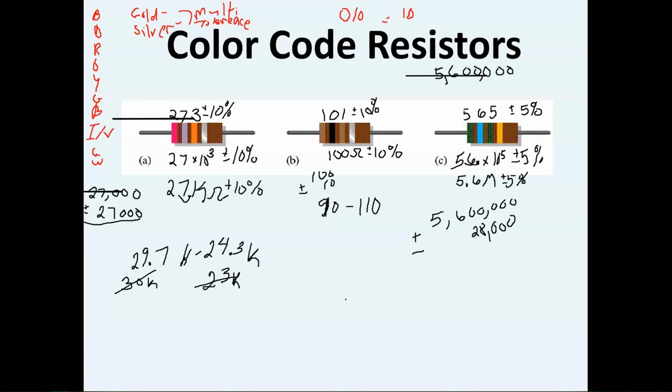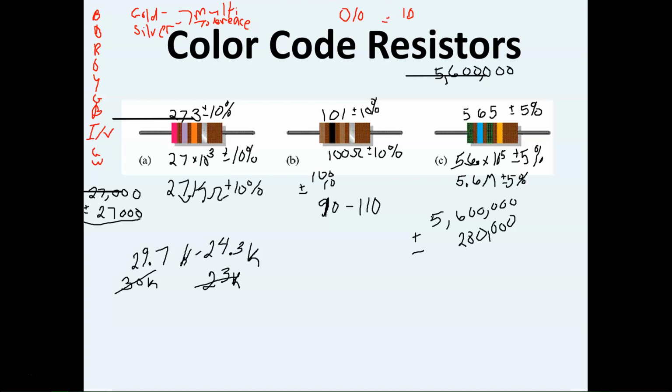It's 280,000. Excuse me, guys. Got lost in translation there. So you're going to add and subtract 280,000.